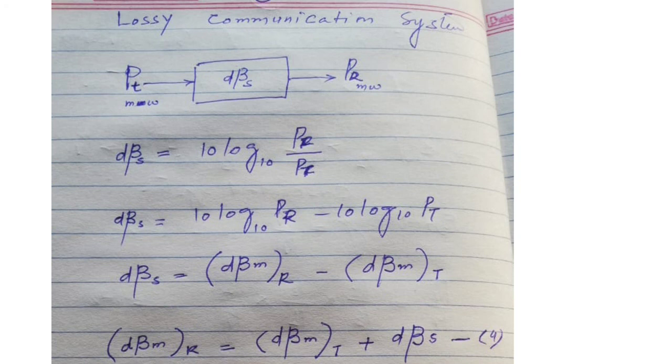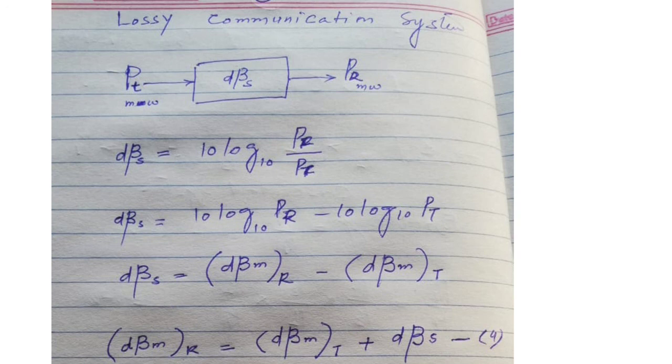As PR and PT are both in milliwatt, the dB value of the transmission efficiency will be in dBm. This is the dBm value of PR. So we represent the first term by dBmR, and the second term by dBmt.